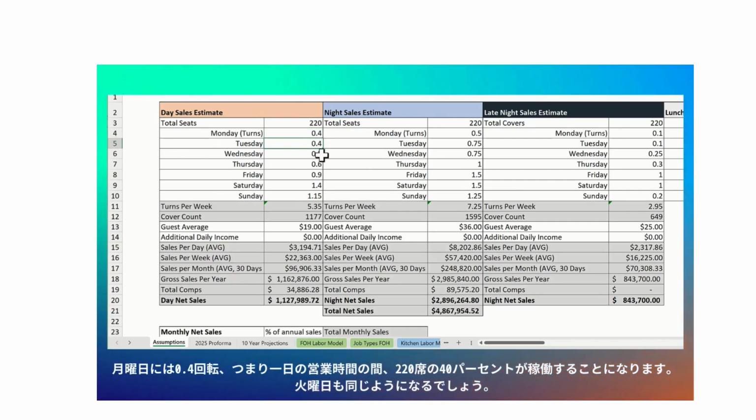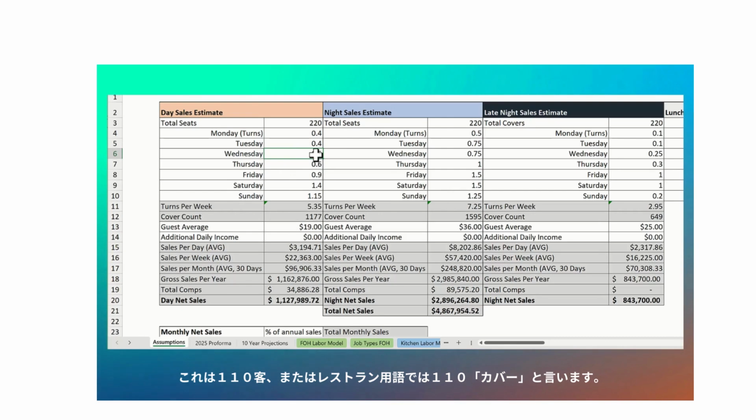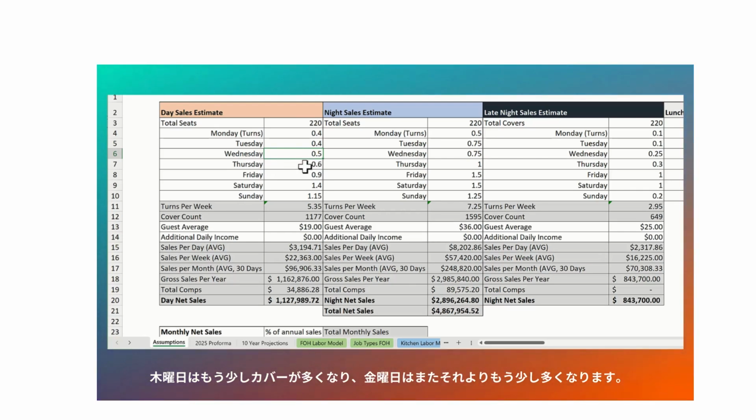Tuesdays would be about the same. Wednesdays would be about 50%, so about 110 guests or covers is what we call it in the restaurant business. Thursdays a little bit more, Fridays a little bit more.